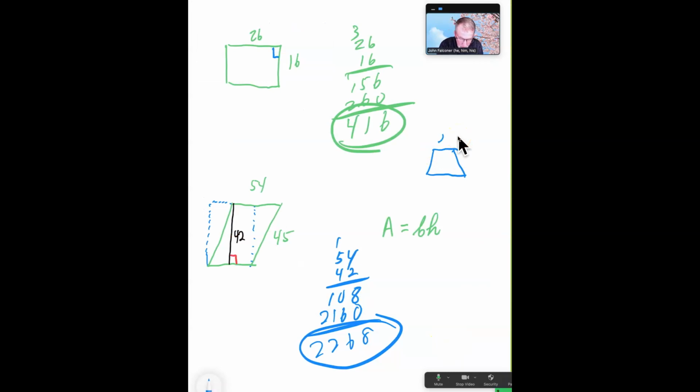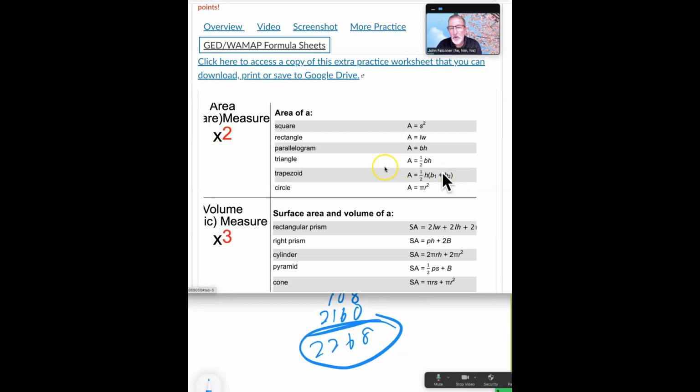One of these is base 1, one of these is base 2, and then the height is going to be a line that comes up at a right angle to the other side. And so by averaging these two together, which that formula does for you, and multiplying it by this height, then you'll get the area of a trapezoid. So hopefully that will help explain these as you go through.